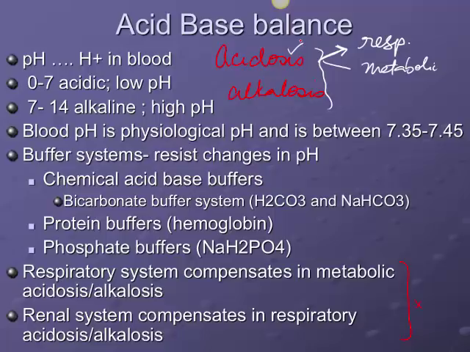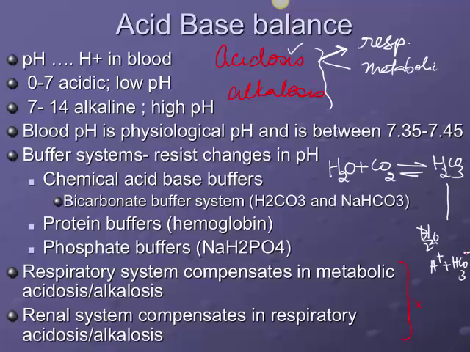Carbon dioxide finally gives rise to hydrogen ions through this reaction, which you should remember. Water is always present between the cells. It reacts with carbon dioxide, gives rise to carbonic acid, which breaks up into hydrogen ions and bicarbonate ions. Okay?